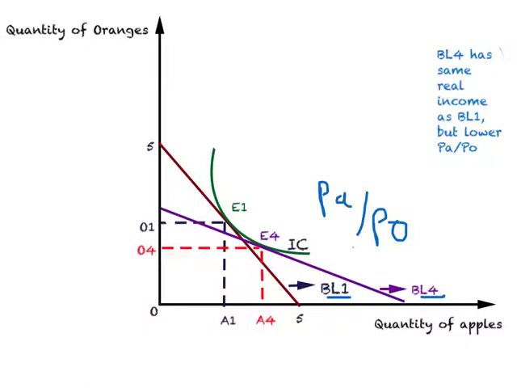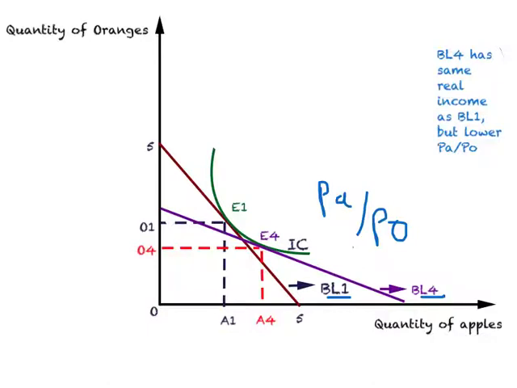Another thing you'll notice is this BL4 is tangent to the same indifference curve as BL1, so both of them are tangent to the same indifference curve, but they have different price ratios.